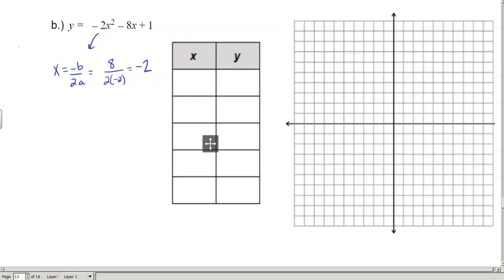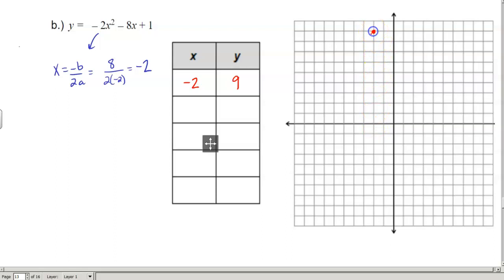So I know my axis of symmetry is x equals -2, and then I'm going to start to plug this in and put -2 into my x value. And if I plug in -2, I get 9 for my output. So -2 goes to 9, that's up here.